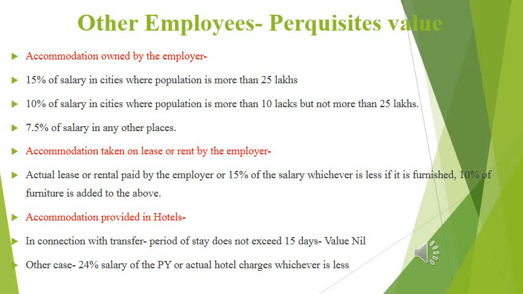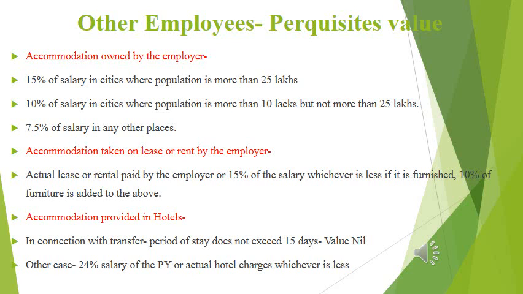Which are the other situations? It is not in connection with the transfer and it exceeds 15 days. What will happen? When accommodation is provided in a hotel, the perquisite value will be 24% of salary of the previous year or actual hotel charges, whichever is less. 24% instead of 15%.